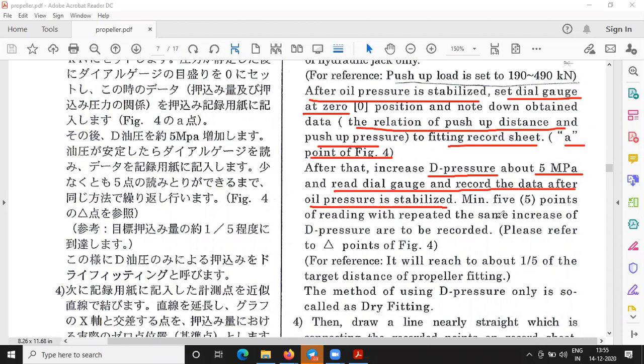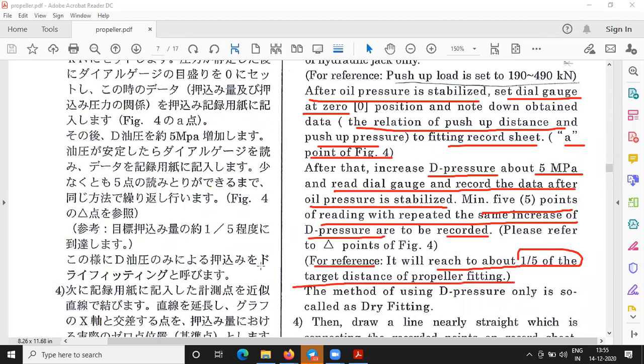Followed? Yes, sir. Now, a minimum of 5 points of reading with the same repeated increase in the pressure are to be recorded. Minimum 5 points. As I said, for reference, it will reach 1/5 of the target distance of the propeller fitting.